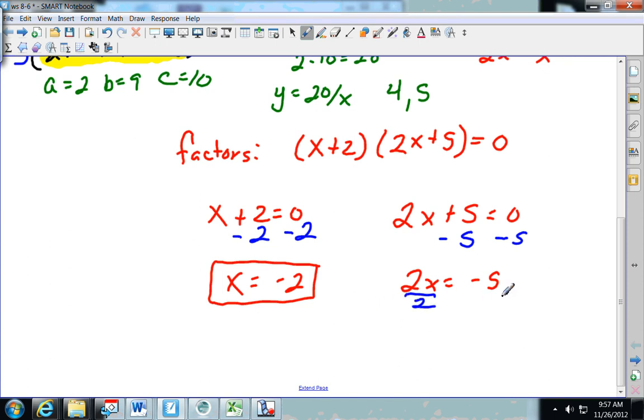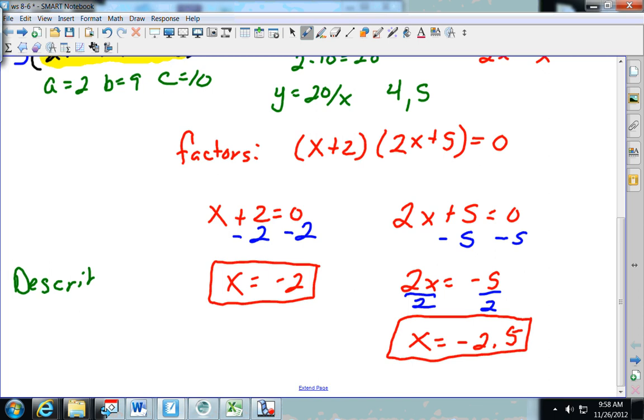Divide by 2. x equals negative 2.5. So that's where it crosses, in those two places. If they asked you to describe the solutions, one way you could do that is to say that there are two negative roots, because there's two solutions and they're both negative.